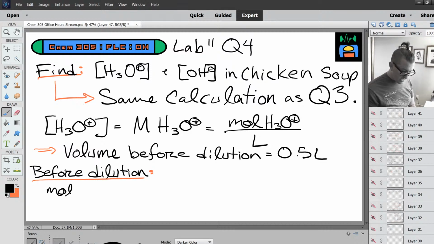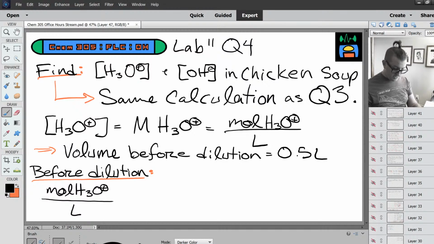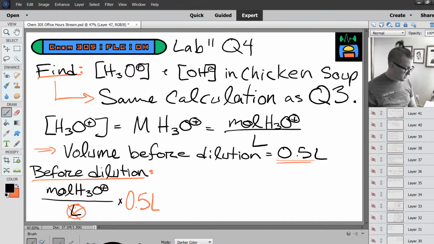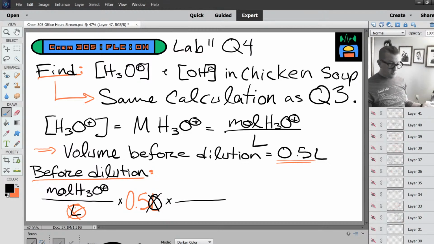You take your molarity of hydronium before the dilution, so your moles of H3O+ over liters, which again you calculate the same way we did for number 3. And I ran through that already. Multiply this by your volume, 0.5 liters, so that liters cancel liters. Then, we're trying to find the number of molecules, right?